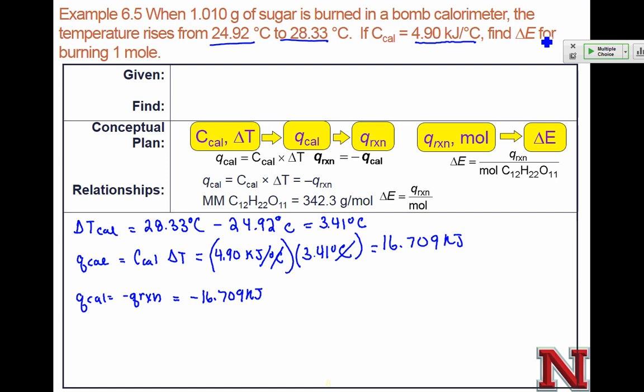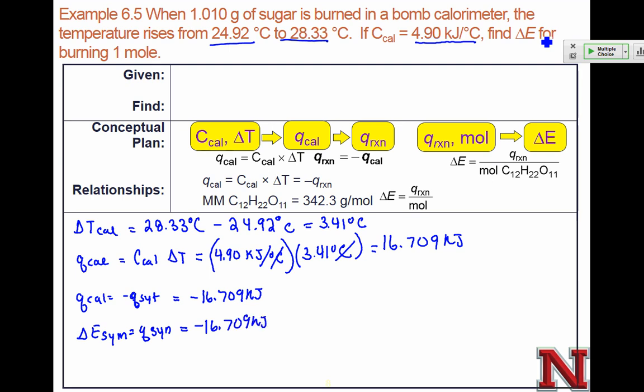So therefore, our delta E of our system is going to be equal to our Q of our system, or reaction. I know I put reaction. Our reaction is our system. So that's going to be equal to negative 16.709 kilojoules.